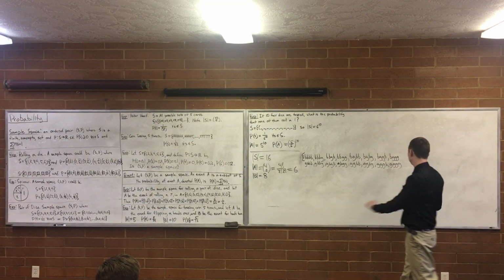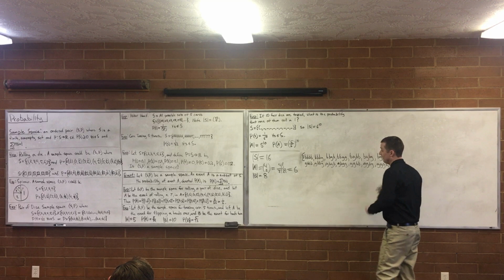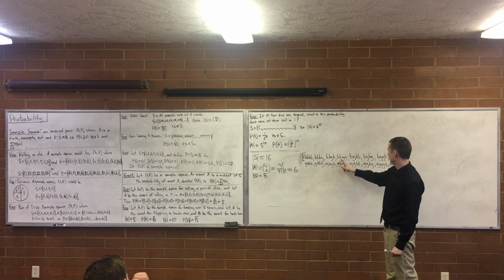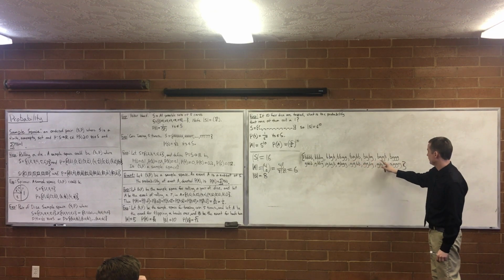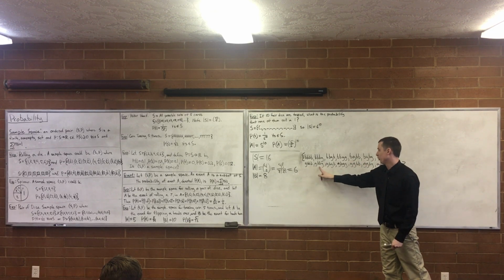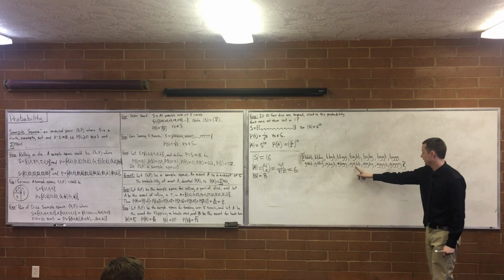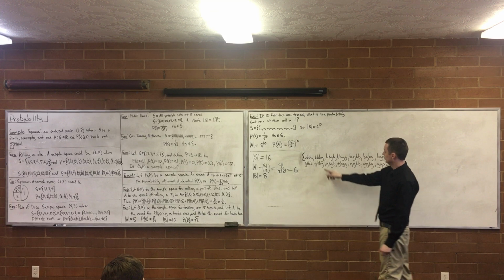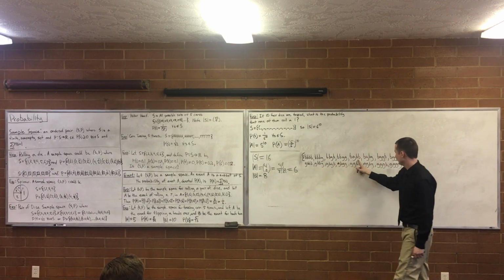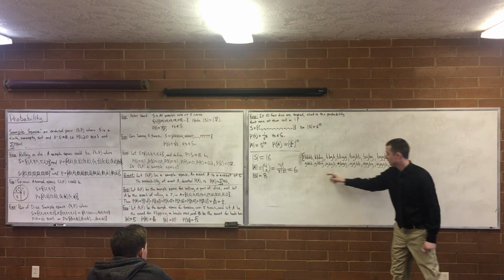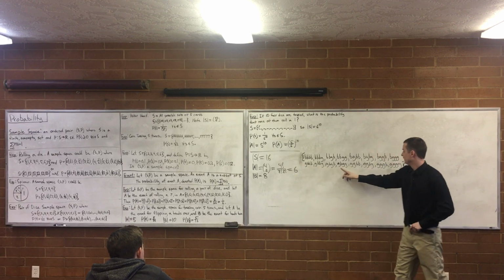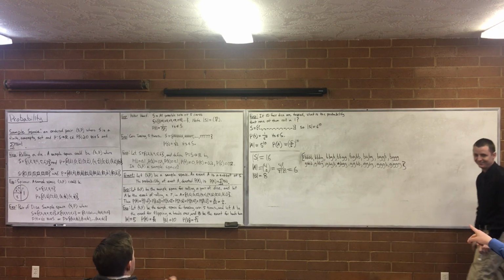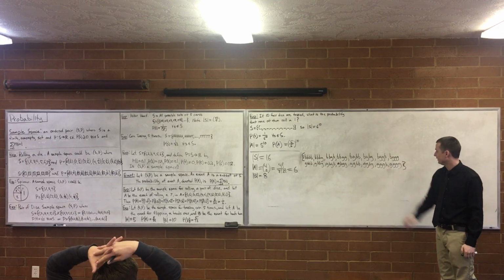Let's take the bull by the horns. How many have 2 boys, 2 girls? 1, 2, 3, 4, 5, 6. Only 6. How many have 1 and 3? 1, 2, 3, 4, 5, 6, 7, and I missed one. 8.